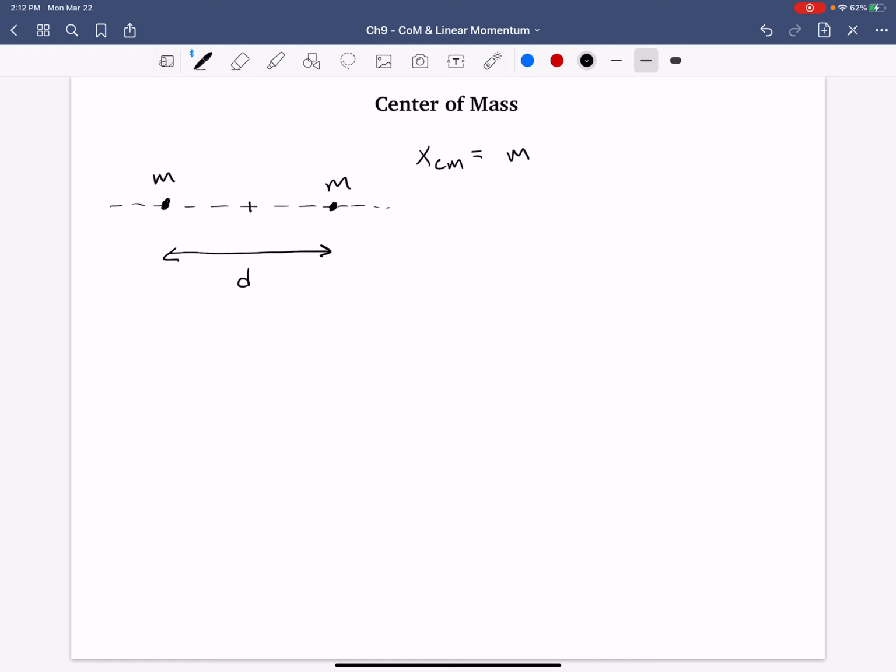And so let's put the mass of the left one, and that comes with its own, we'll say, position in space. I'll mark that by x1. And then added to that is the mass and the position of the right particle, of the other mass.